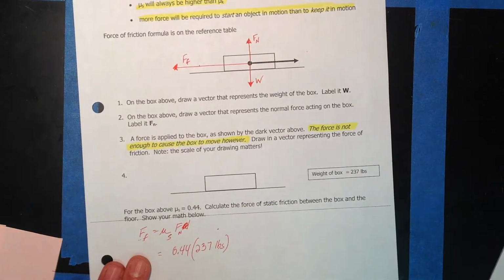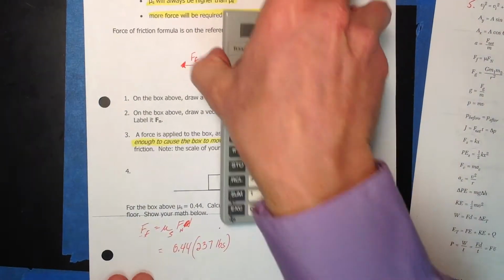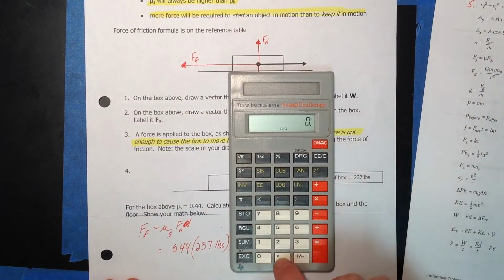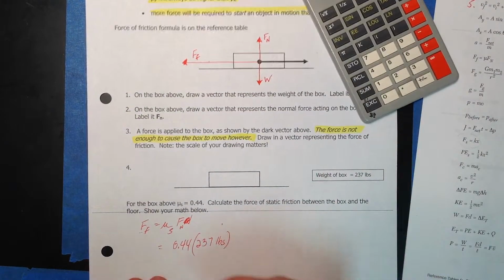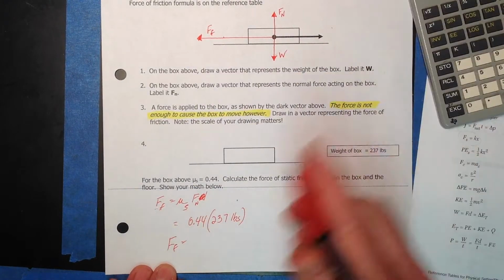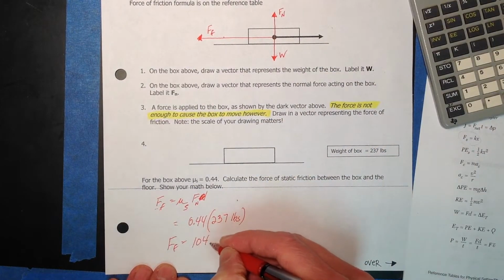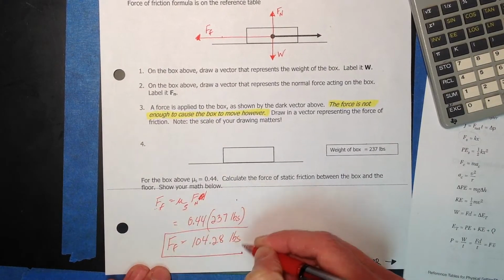Okay, and when you multiply those together with my calculator, 0.44 times 237 equals, and the pounds are in there, so the force of friction will be 104.28 pounds. 104.28 pounds of static friction in this case.